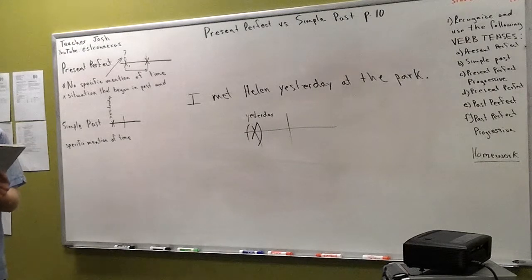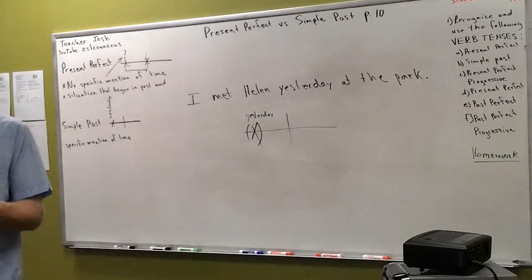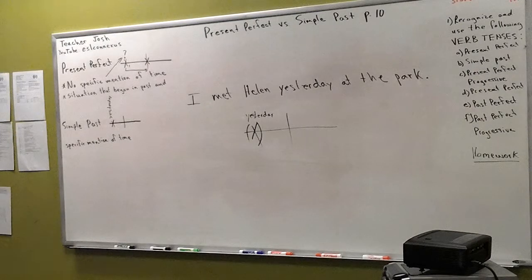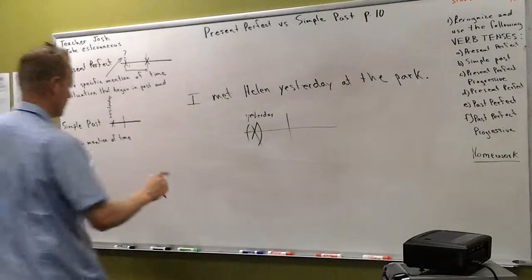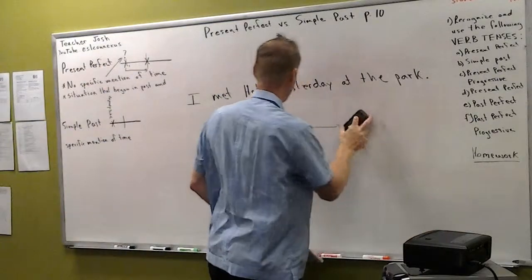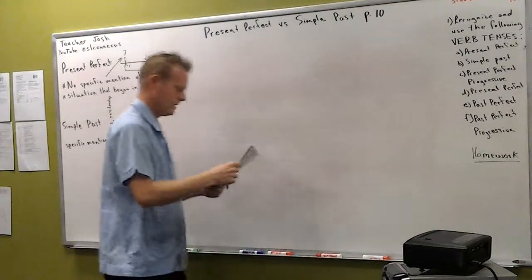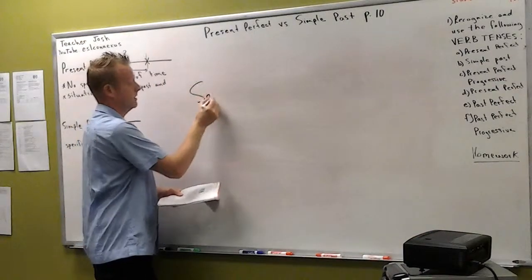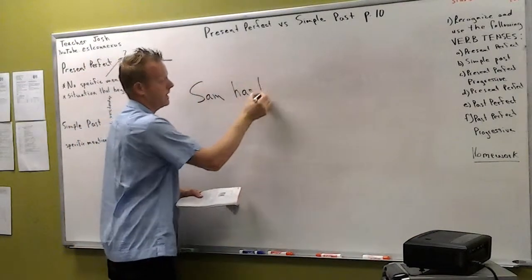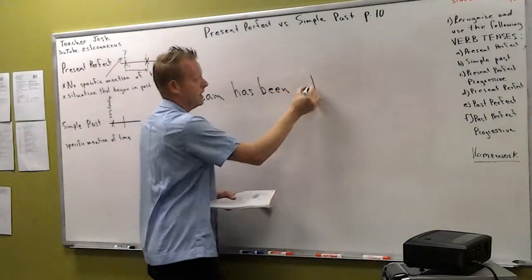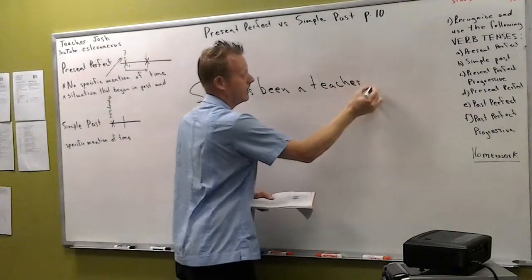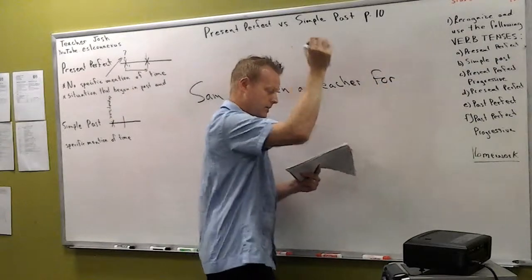Look at C for a minute. And let's see, will you read C for us? Sam has been a teacher for 10 years. He loves teaching. Nice, okay. It says, Sam has been a teacher for how many years? 10 years.